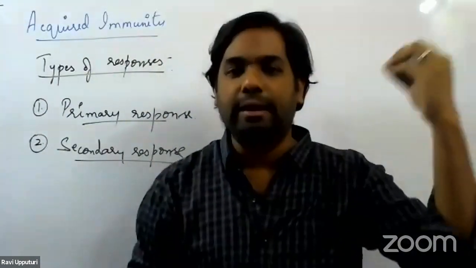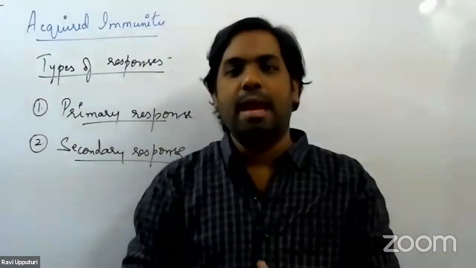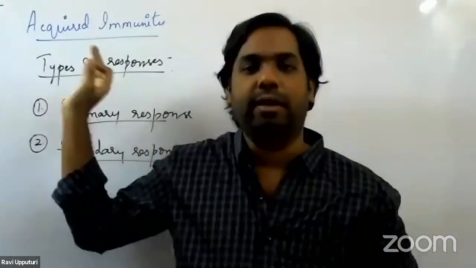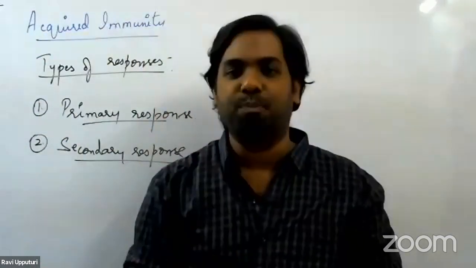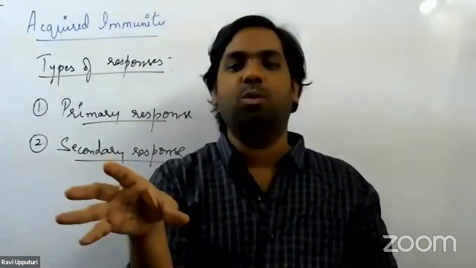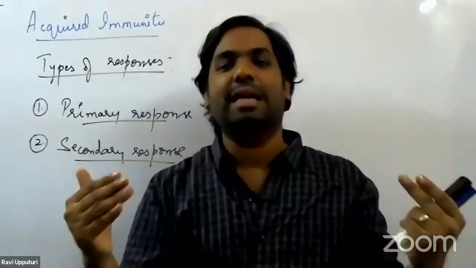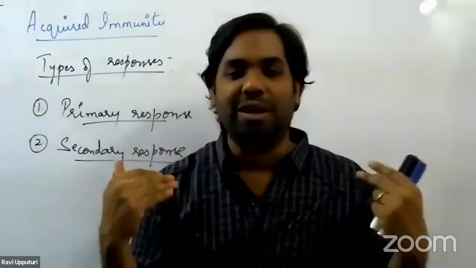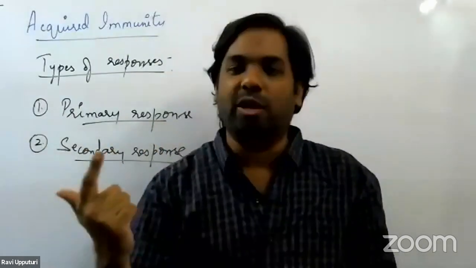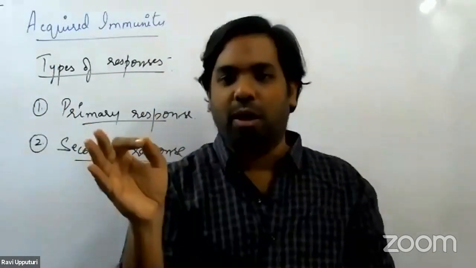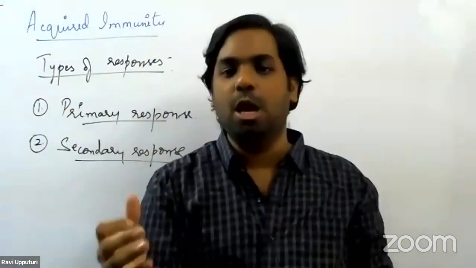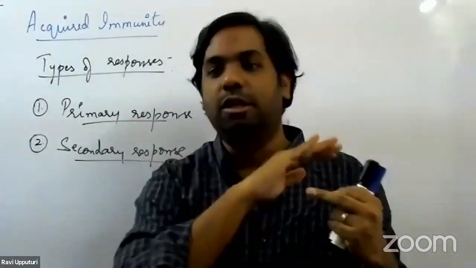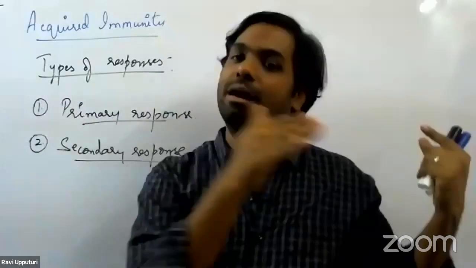Once the antigen enters the body, our acquired immune cells recognize that antigen. They start synthesizing specialized cells as well as antibodies. Those antibodies target and attack the antigen. Once they attack, they destroy the antigen and they remember.